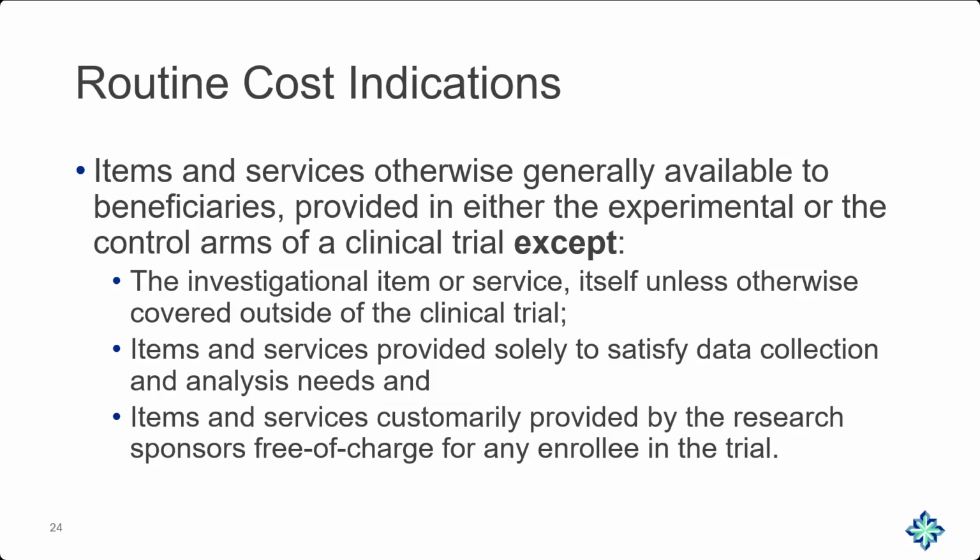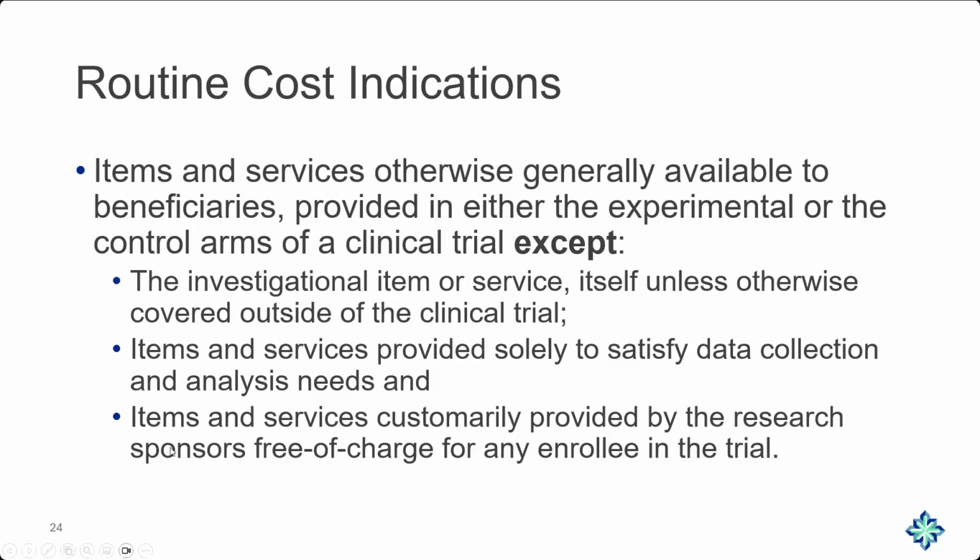So as we discussed in the definitions, routine costs of clinical trials include all those items and services that are otherwise generally available to Medicare beneficiaries, and they're provided in either the experimental or the control arm of a clinical trial, with those exceptions that we talked about and that are listed again here.